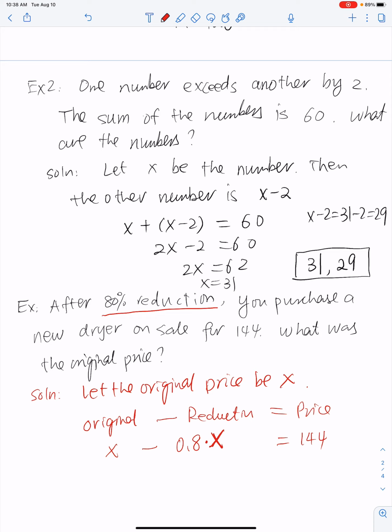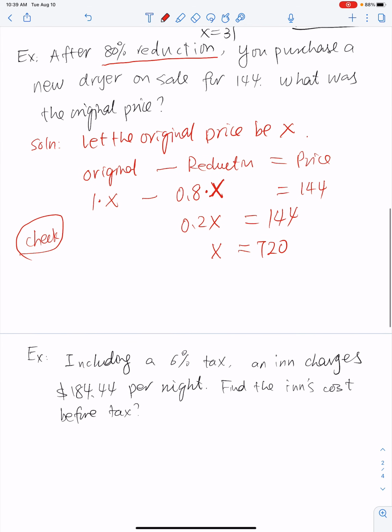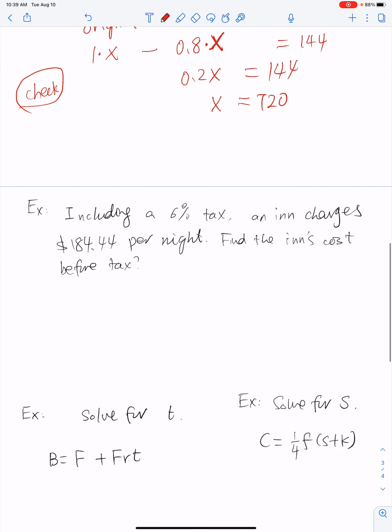Similarly, what is the coefficient of x here? It's 1. So 1 minus 0.8 is 0.2x, equal to 144. Then you divide and get 720. You can check. Very important: do not forget the x.